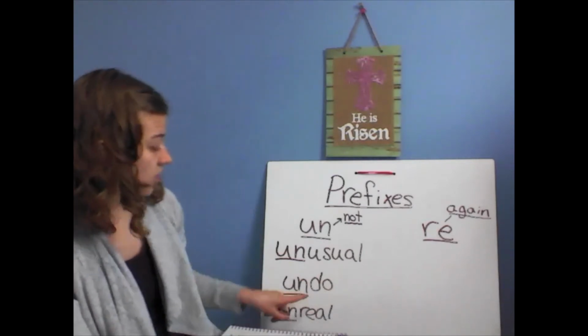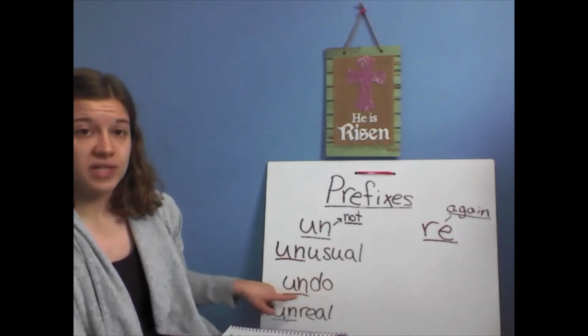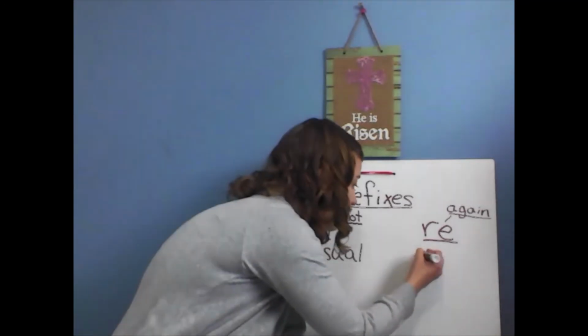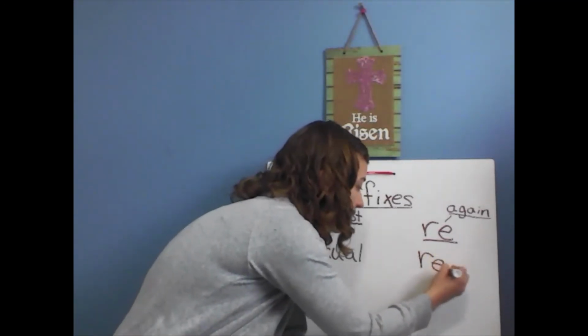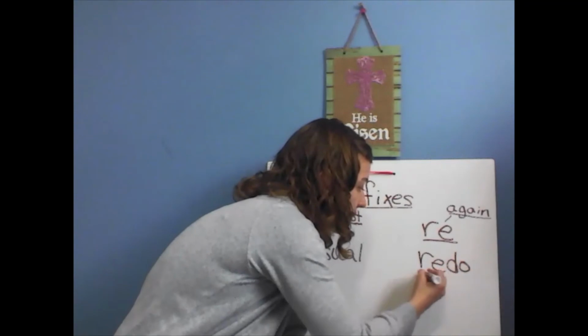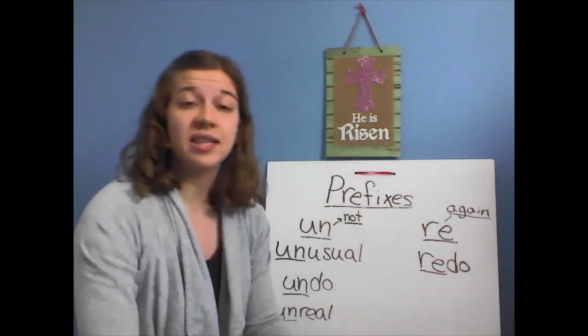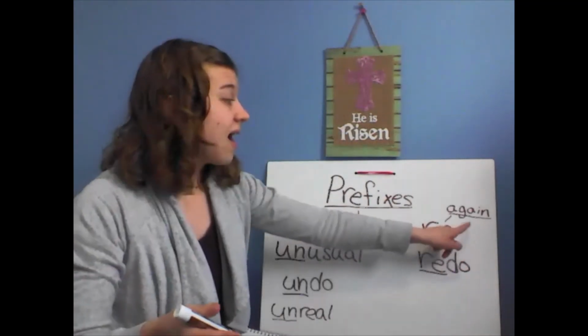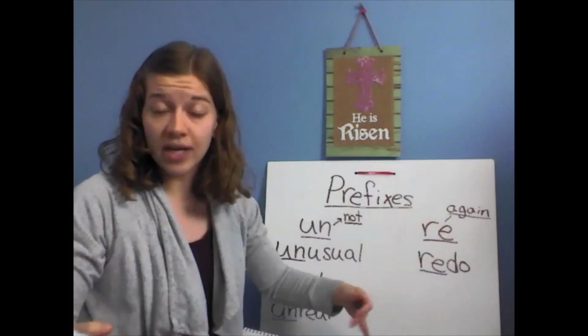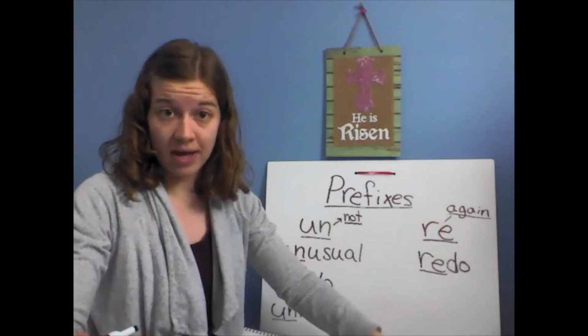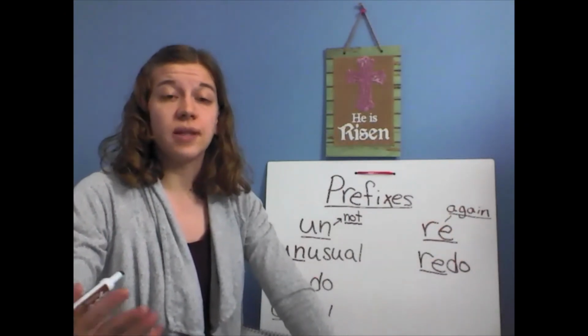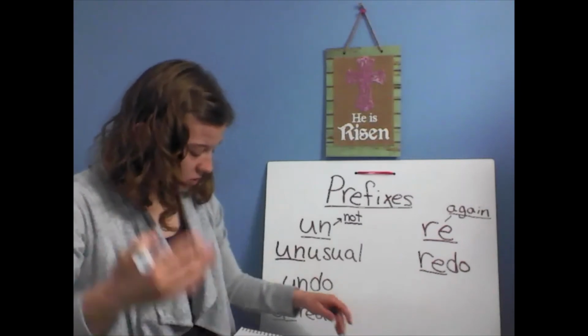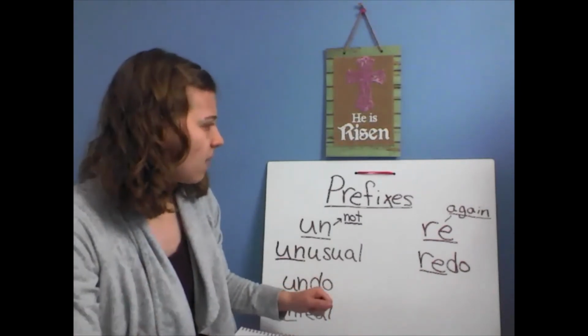So, if we use the word do, like we did over here when we said undo, if we make the word redo, if you redo something, that means you do it again. That means you do something another time. You do it again.